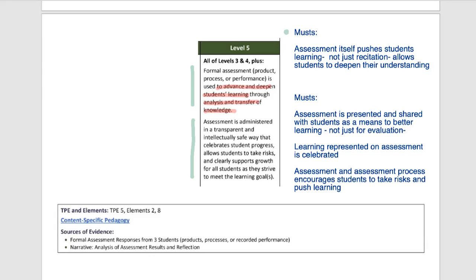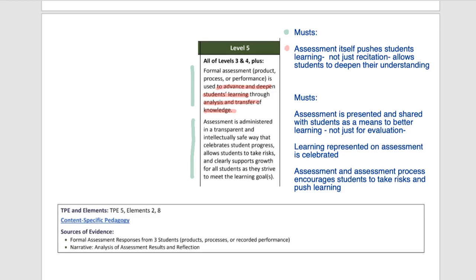So if you have a really worthwhile assessment, a certain kind of project could be richly engaging for the students that actually pushes them to think more deeply about things, to deepen their knowledge. So think about the quality of the assessment itself or the kind of assessment itself as an opportunity to push students to express their learning in a more deep fashion and to be more deeply engaging. So hold on to that one.